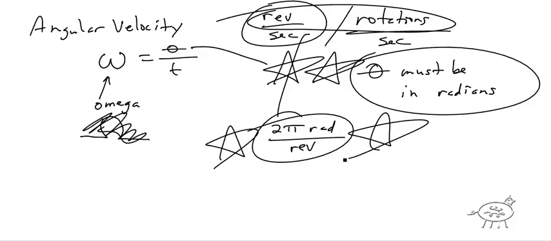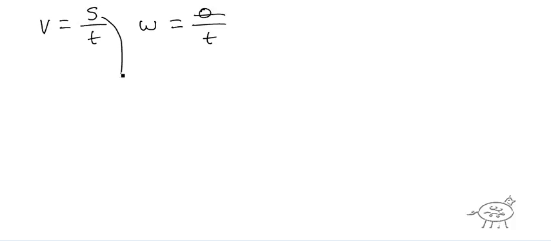Let's talk a little bit about developing a couple formulas here. We did an example at the beginning showing what angular and linear velocity is. So linear velocity, let's write that out here: V equals S over T, and omega equals theta over T. We already talked about S. Isn't S equals R theta?